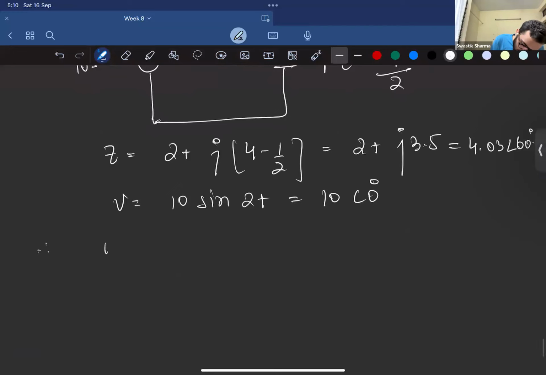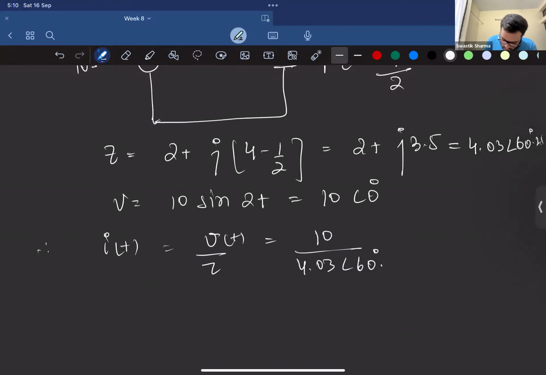So that means IT is given as V upon Z. So this is 10 upon 4.03 angle 60.25, which comes out to be 2.48 angle minus 60.3.